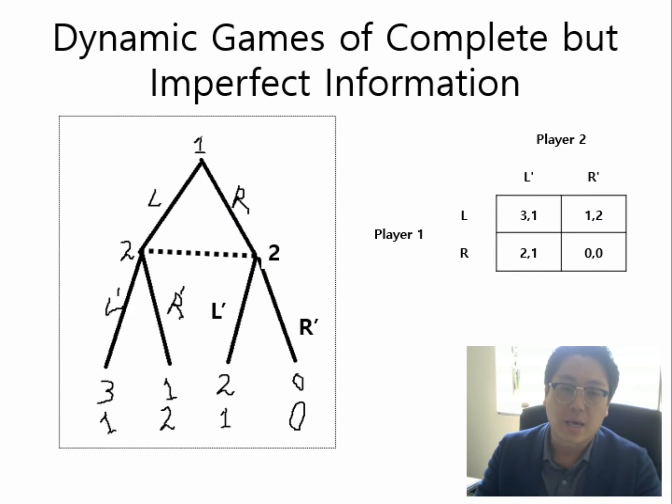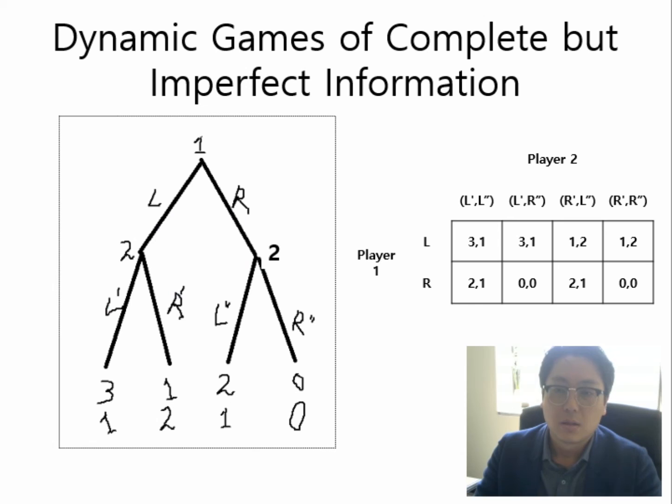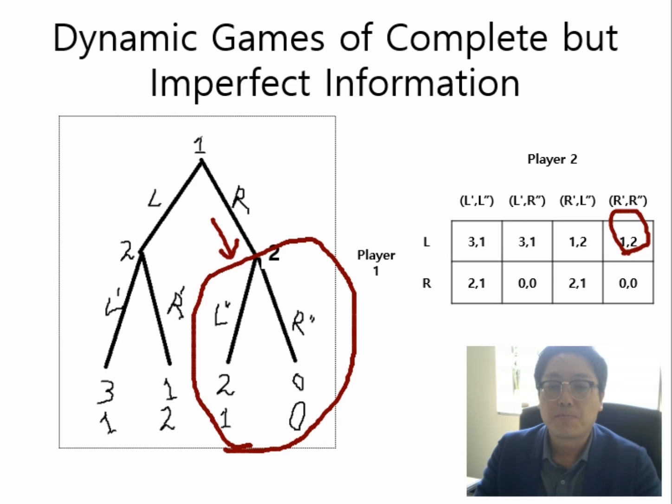Going back to this game, the reason why this is not an equilibrium is because once this node is reached, in this small, isolated tree, the reasonable strategy that the second player can choose is not the same as this Nash equilibrium.